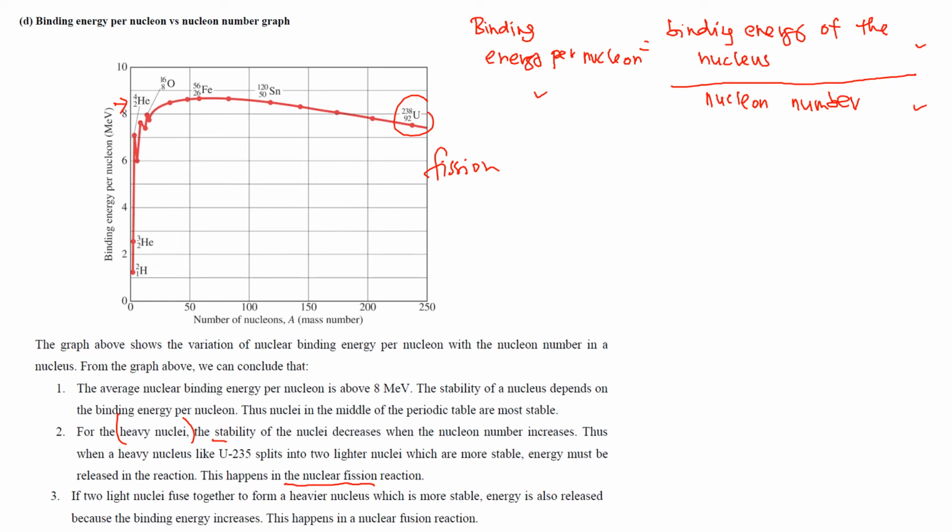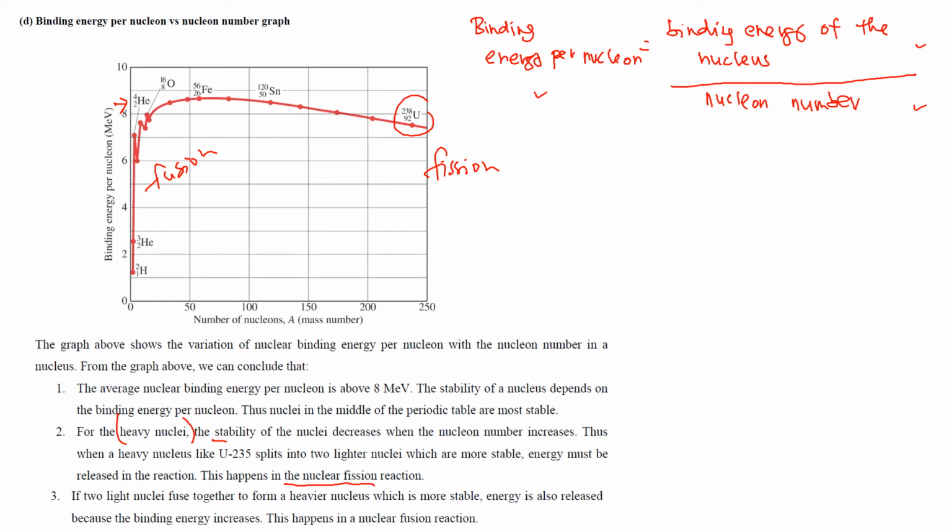Okay, so two light nuclei, nuclei yang ringan combine together to become more stable. Okay, so this is what we call fusion, pelakuran.